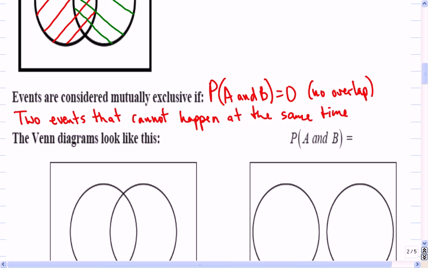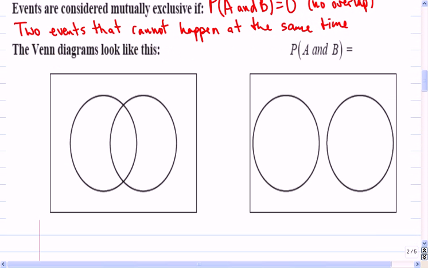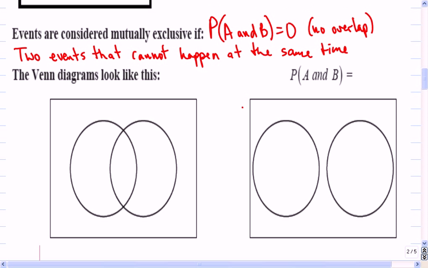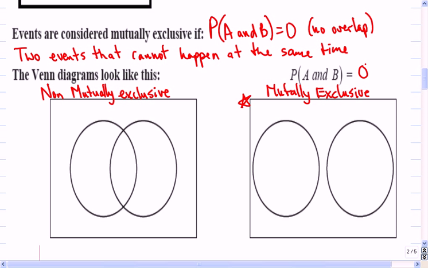Okay, so we'll talk about some of those examples and what they might look like. But here's the Venn diagram for mutually exclusive events. Okay, this is for normal. I guess we shouldn't really call it normal. Let's call it non-mutually exclusive. And this is the mutually exclusive picture. Since there's no overlap, probability of A and B equals 0.